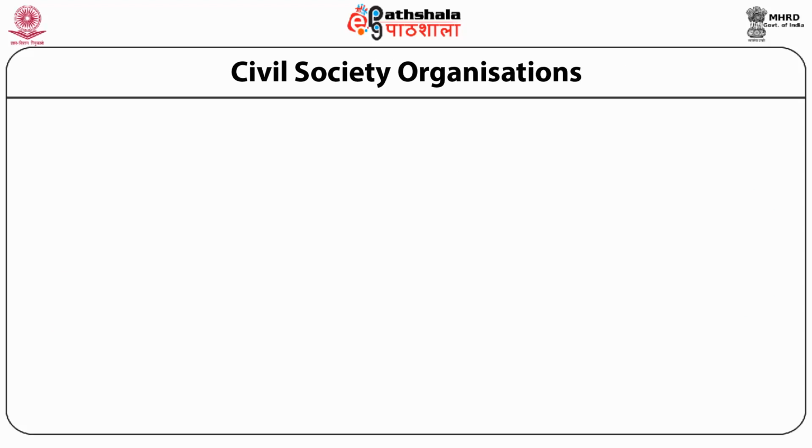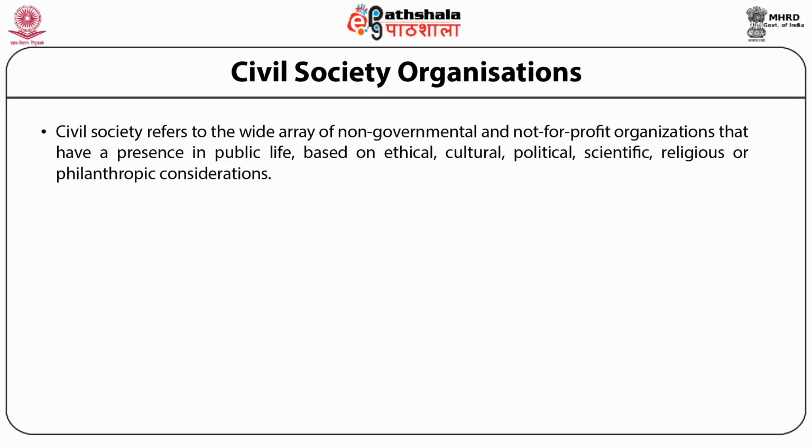Now let us understand what is civil society organization. According to the World Bank, the term civil society refers to the wide array of non-governmental and not-for-profit organizations that have a presence in public life, expressing the interests and values of their members or others, based on ethical, cultural, political, scientific, religious, or philanthropic considerations.